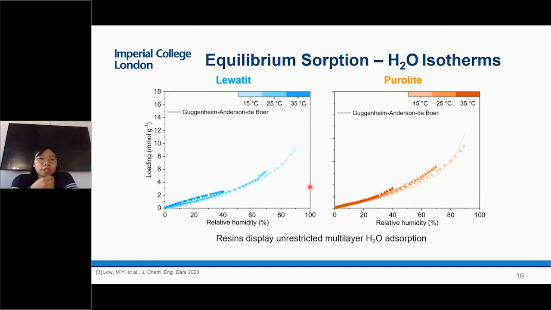We also measured the water loading, again at 3 different temperatures, and fit it to a known isotherm model from the literature, and both resins display similar behavior of unrestricted multi-layer water adsorption.